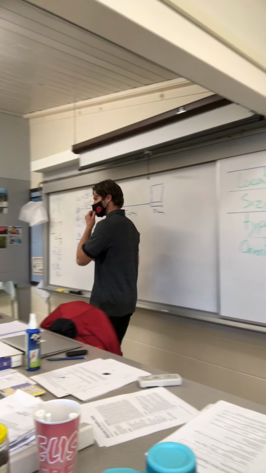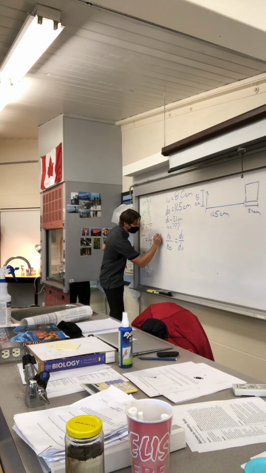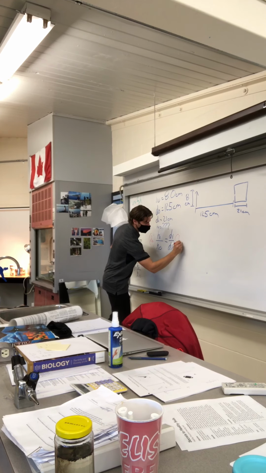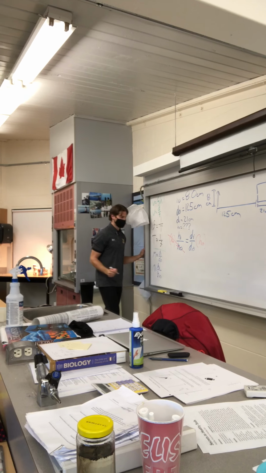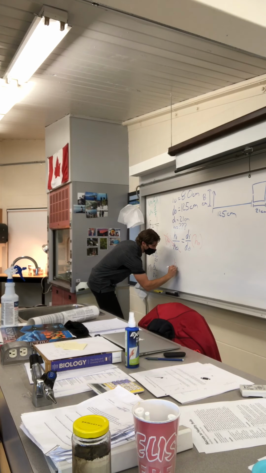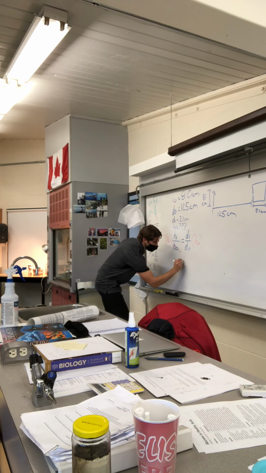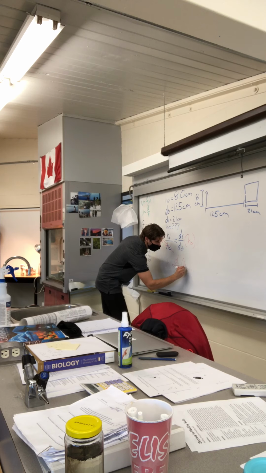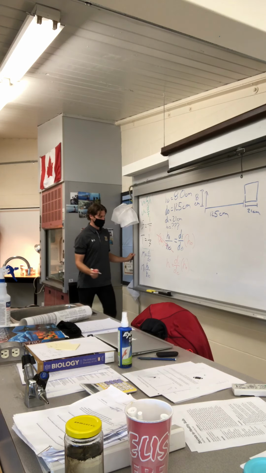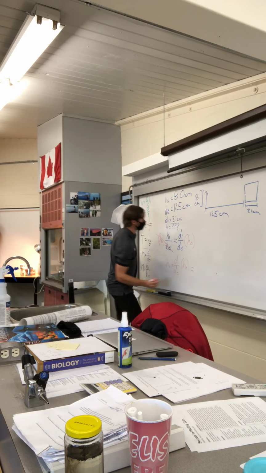I'm just going to do that in different colors so it makes sense. Multiply both sides by HO. These can cross off. And our new formula is height of the image is equal to the distance of the image over distance of the object multiplied by the height of the object. Okay? So let's plug this in quickly and see what we get.